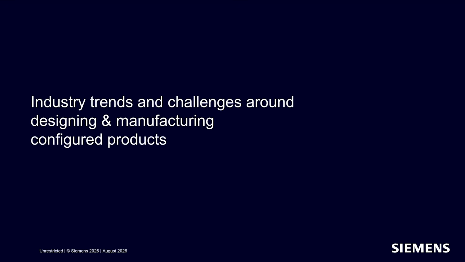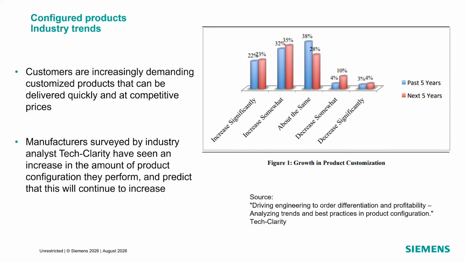So why are configured products and processes increasing? What are the trends and challenges around those in the industry? So product configuration in general is really becoming a larger share of manufacturers' work in all industries, I would say. But of course, in some industries, it's more than the other.